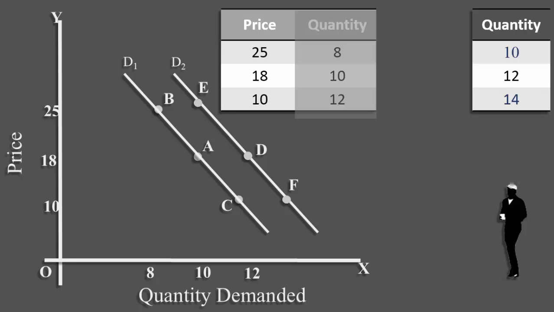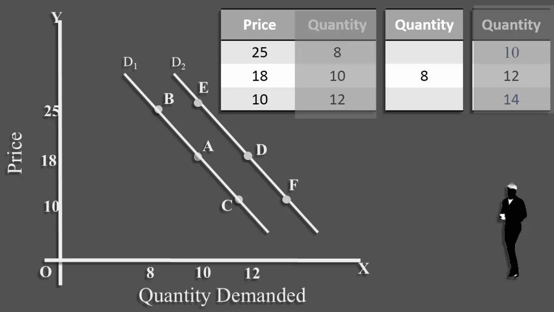We shall now examine a leftward shift of the demand curve. Let us assume the taste and preference of the consumer turns against good X. He would like to buy 8 units at 18 rupees price. This is less than what he was buying originally.